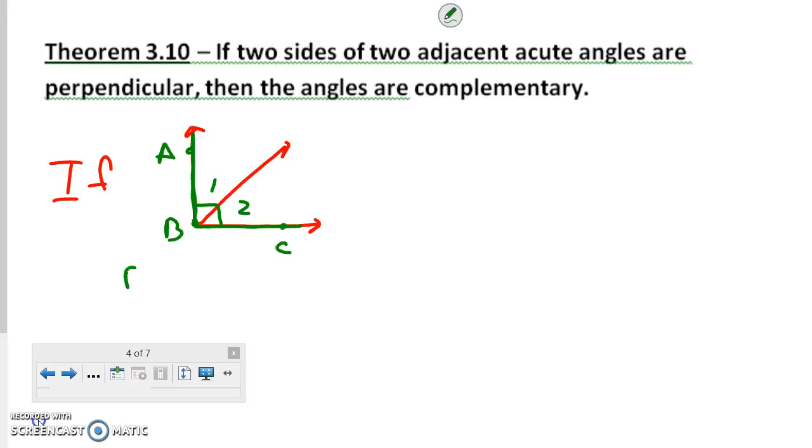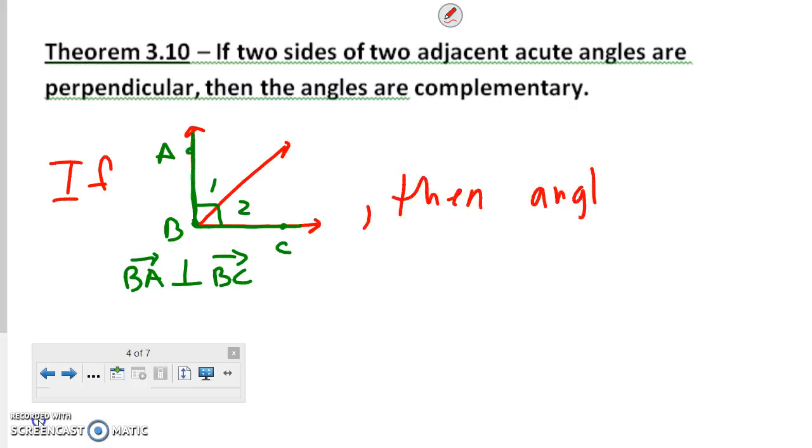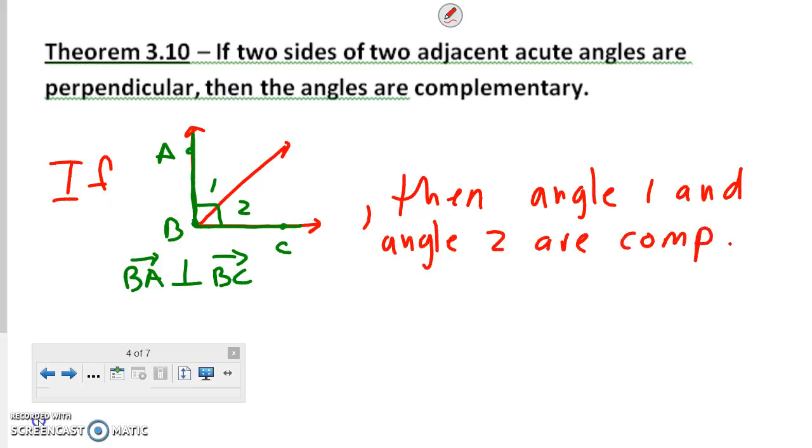Given that BA is perpendicular to BC, that tells us that angles 1 and 2 have to be complementary. So again, if two sides of two adjacent acute angles are perpendicular, then the angles are complementary.